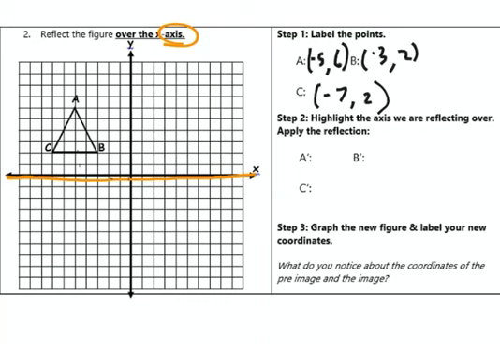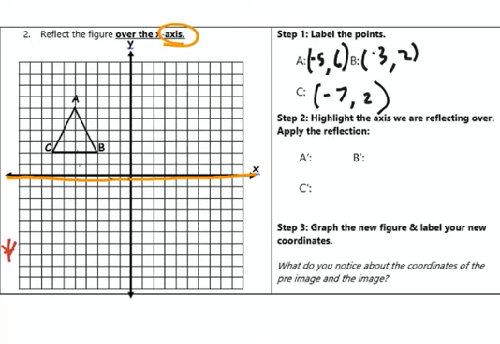We already highlighted the axis that we're reflecting over, so now it says apply the reflection. So, same thing that we did with the square. We're going to start with A, and we're going to count how many spaces A is toward that highlighted x-axis. So the shape should end up in the third quadrant.